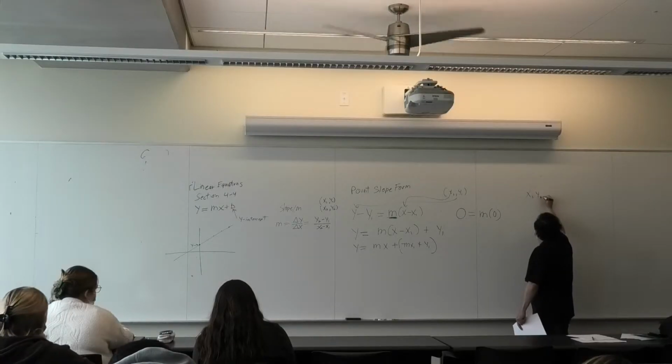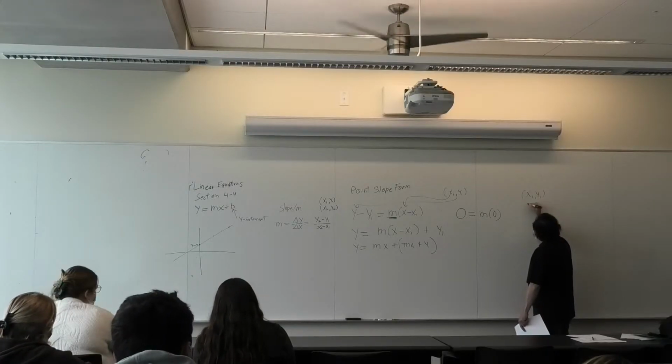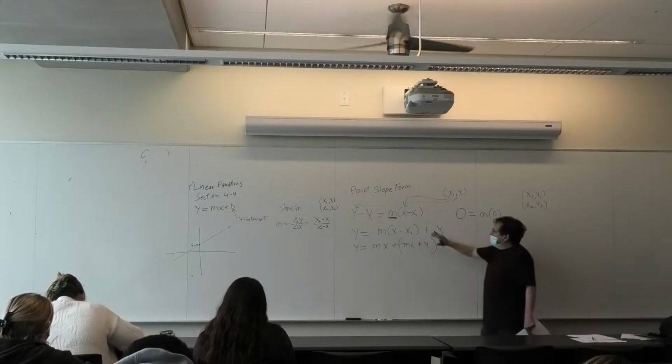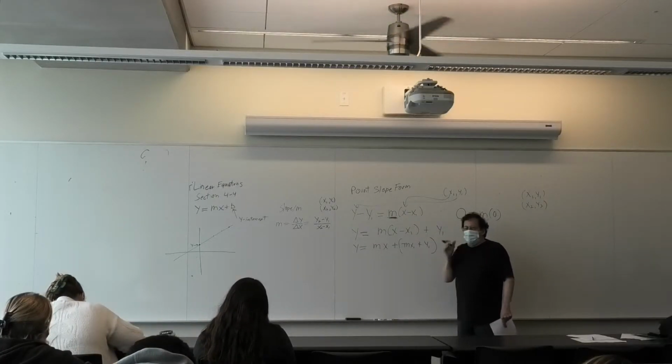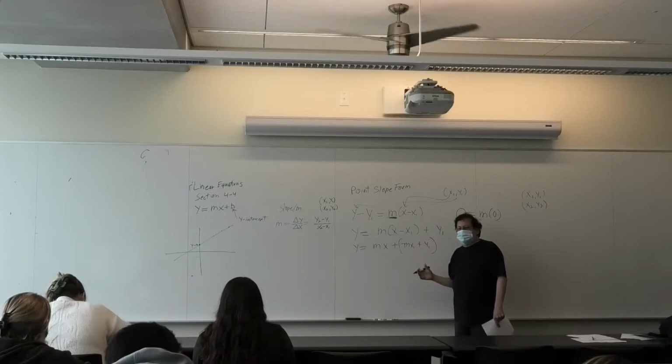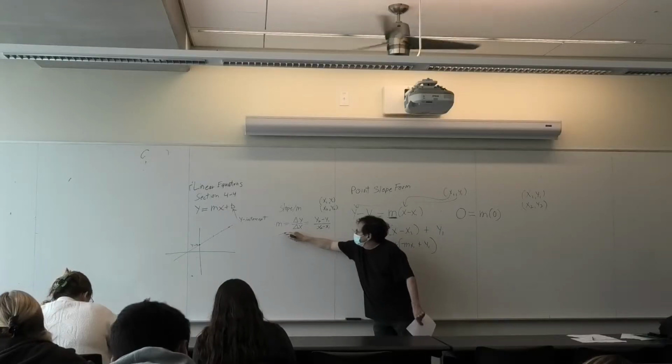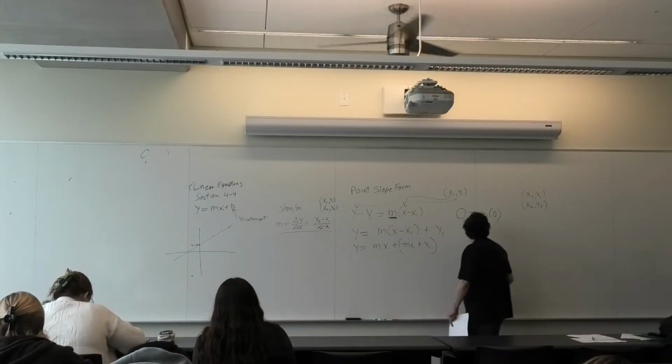Now, if you happen to have 2 points, x1, y1, and x2, y2, and you want to use this form, you have to do one more step. You have to find m, which we kind of did over here.